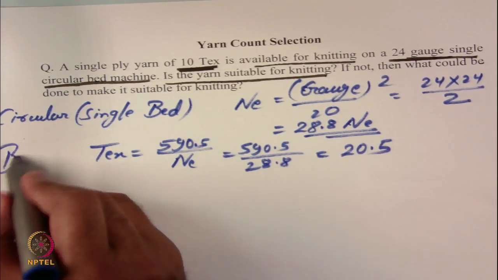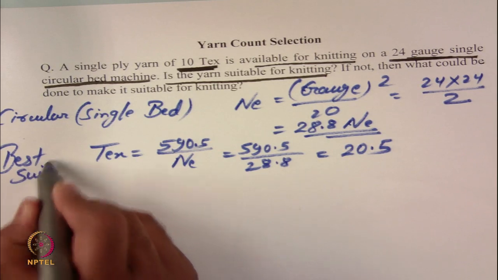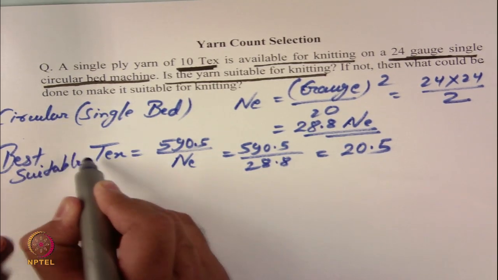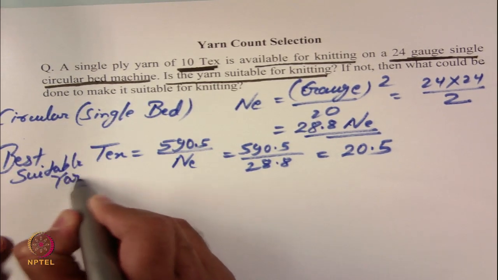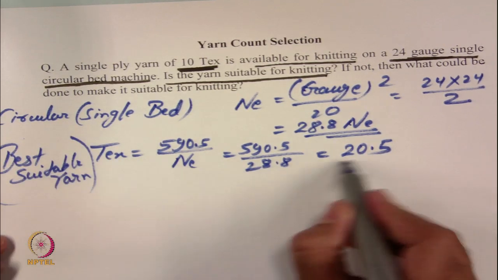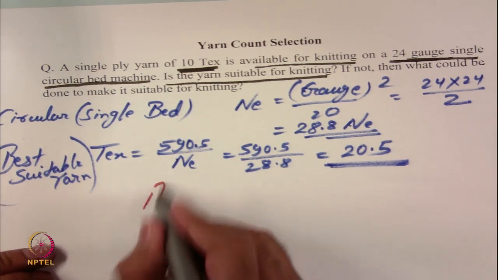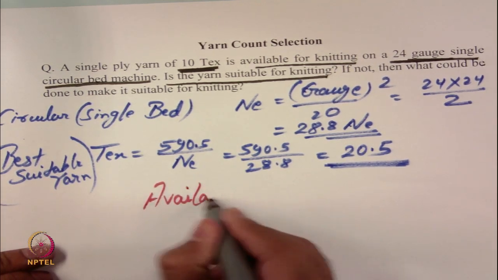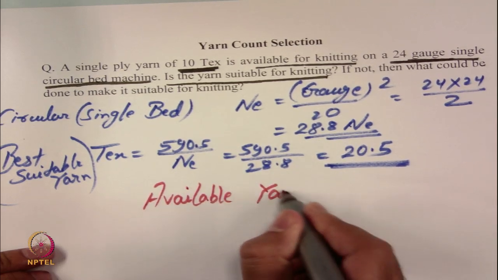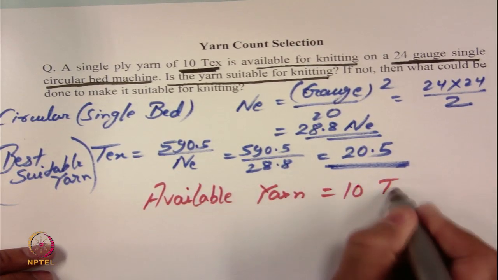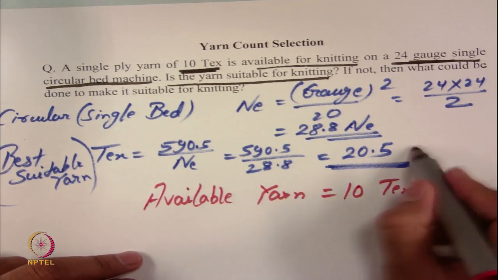So, the best suitable yarn has a tex of this, okay. And what is the available yarn? The available yarn has 10 tex.